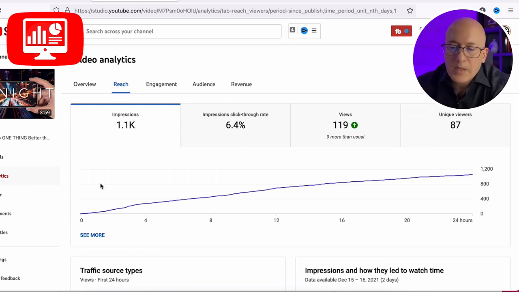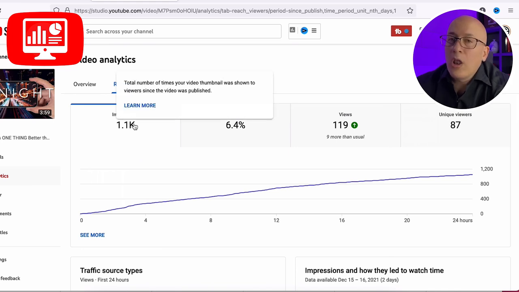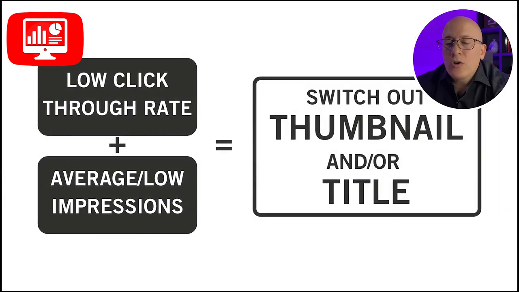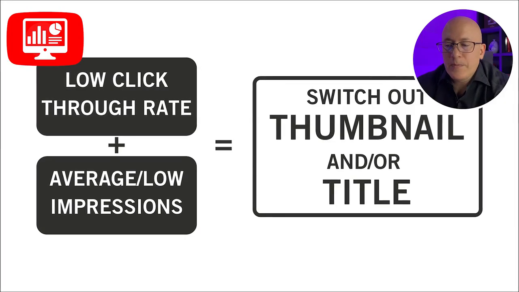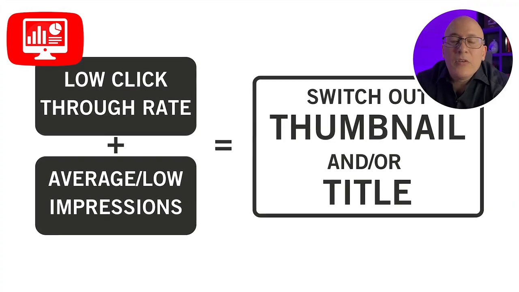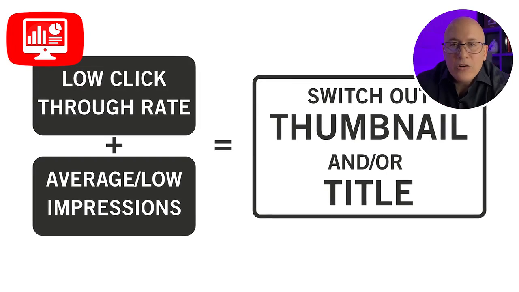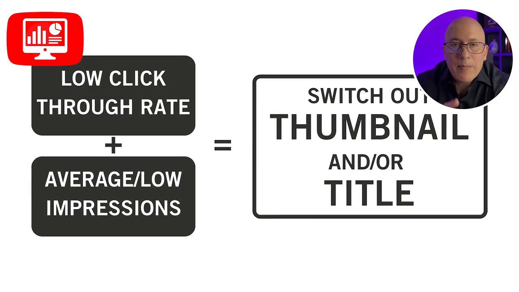However, if your impressions are average or lower than average, and your click-through rate is below average, then you're going to want to make a change. And that change is you want to take your thumbnail and your title and re-examine them.